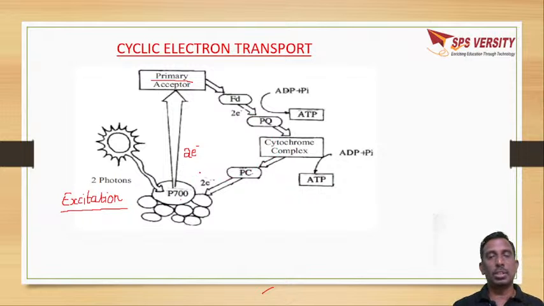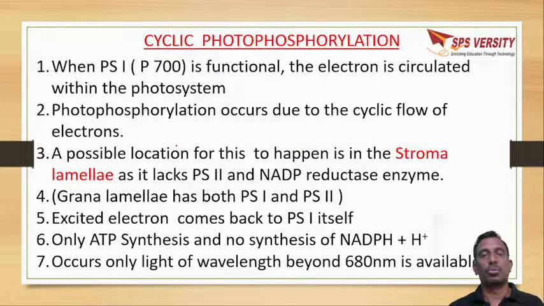When they come to the same starting point, it is called cyclic electron transport. So इसको क्या बोलते हैं कि cyclic electron transport. इसमें अब देख रहे electrons are moving in a cyclic form. ऐसे साइक्लिक फॉर्म में मूव होने इलेक्ट्रॉन्स को एक प्रोसेस को क्या बोलते हैं कि साइक्लिक इलेक्ट्रॉन ट्रांसपोर्ट.